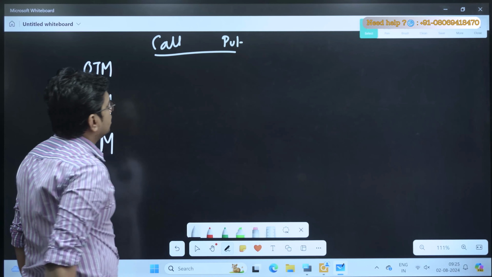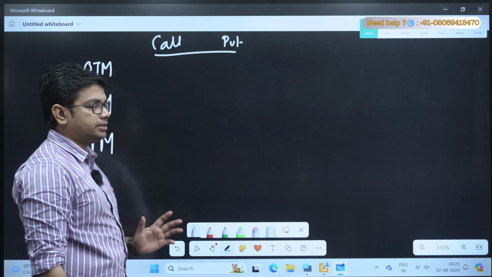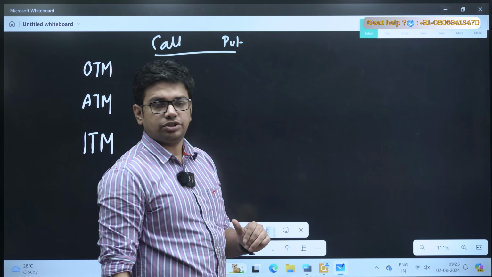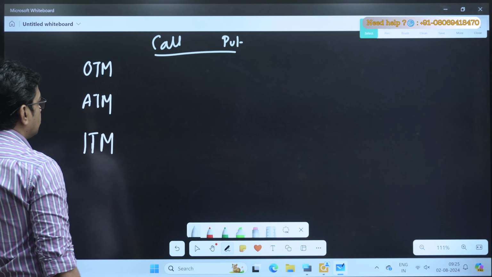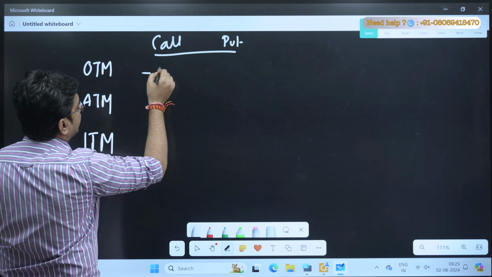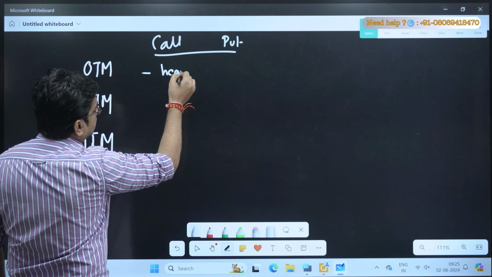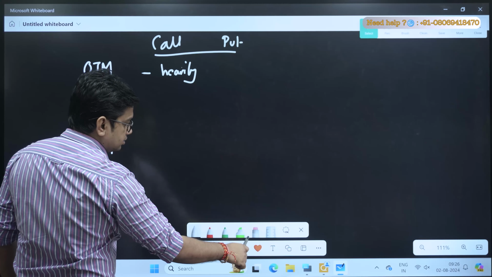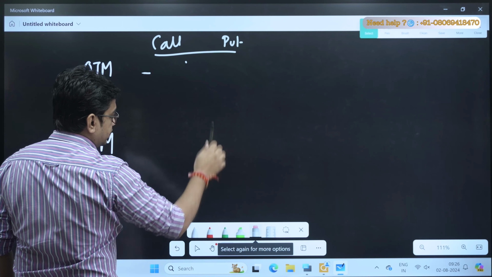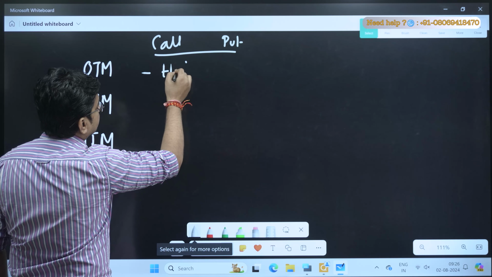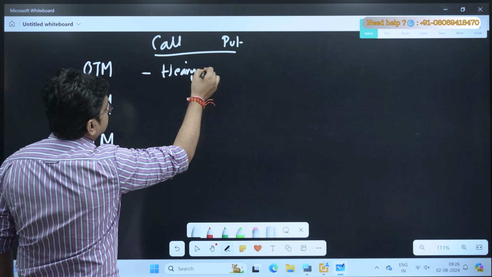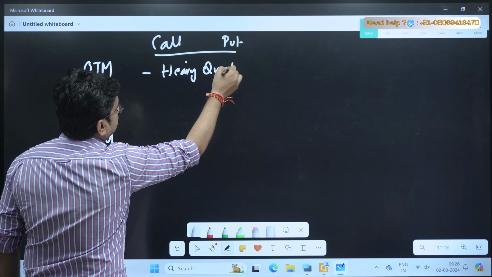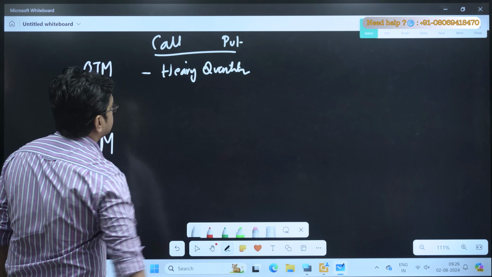If you are an option buyer, let's just say you are going to buy a naked position, most of the buyers buy heavy quantity at the OTM strike.